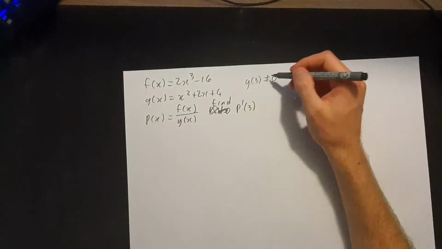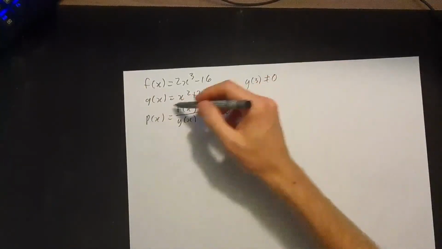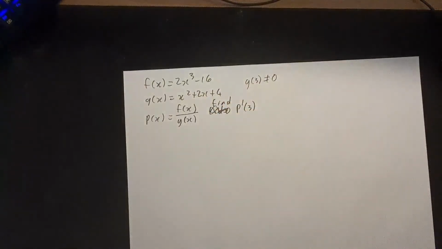Why? Because if g of 3 equals 0, this whole thing collapses, because then I'm dividing by 0. So have a look at that question.